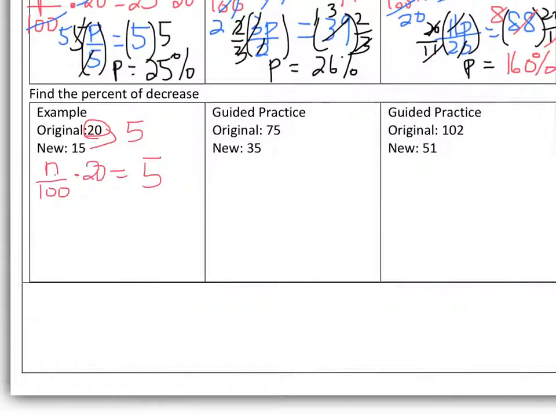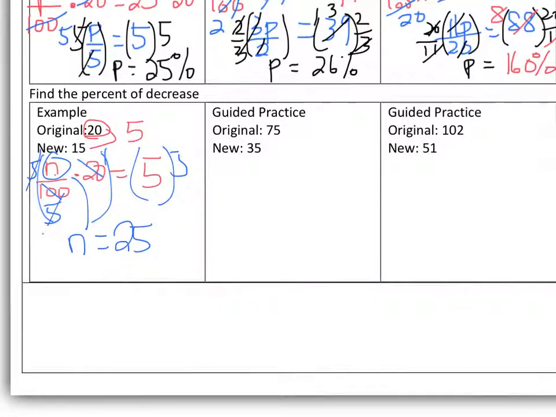And then we can simplify. Okay, and multiply both sides by the reciprocal of 1 over 5, which is 5. And then n would be 25%, and this would be the percent of decrease.